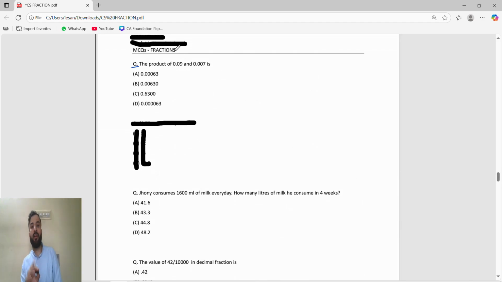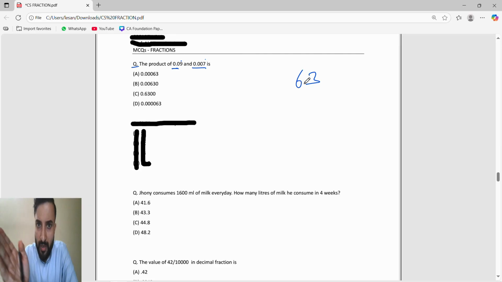Okay, now a simple thing, guys. Product of 0.09 and 0.007. So just multiply the numbers. What we know? 9 sevens are 63. After that, guys, we have to see after how many digits we have a point. Here you can see after 3 digits, and here after 2. So 3 plus 2, after 5 digits.